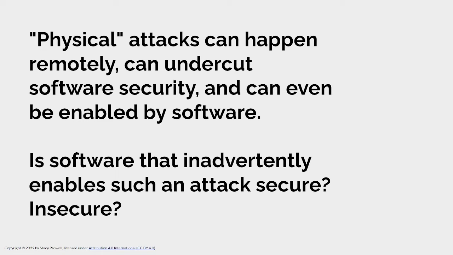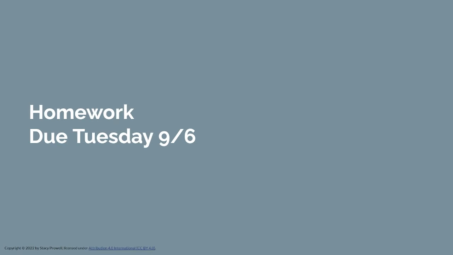The point of all this is physical attacks can happen remotely, they can undercut security, and they can be enabled by the software on the machine. And what do we say about the software that may be enabling such an attack? Is it secure? Is it insecure? Would you know? You wouldn't necessarily know, right? You've written the software, someone comes along and finds this odd physical property and exploits it.